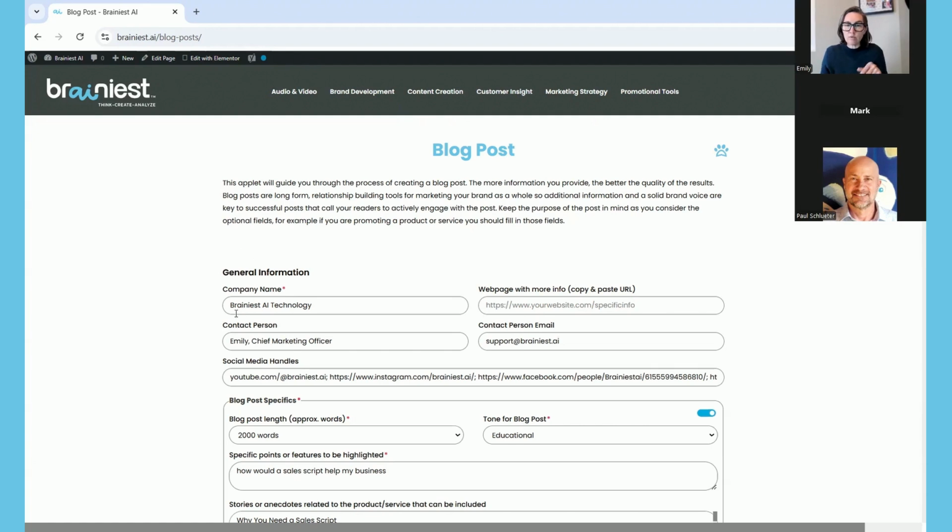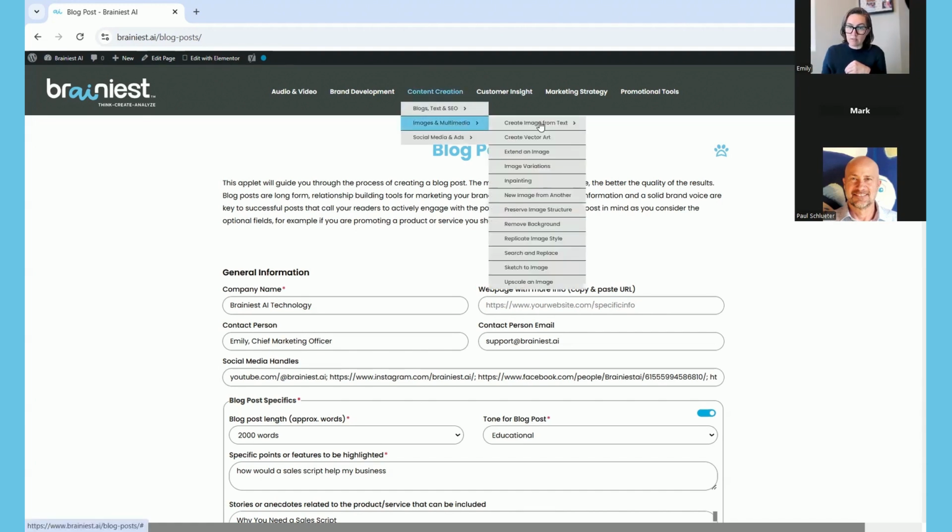I go through this, I hit generate, and as part of what it generates for me, there's a little section that tells me a suggested image. I could take that and use it as an input into one of our many imaging applets, like create image from text. The issue that I run across is AI models tend to give the same generic ideas for images.